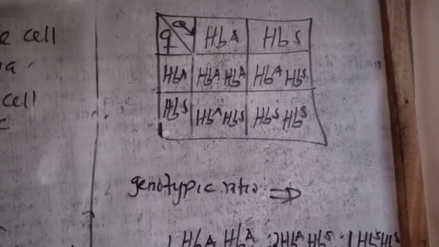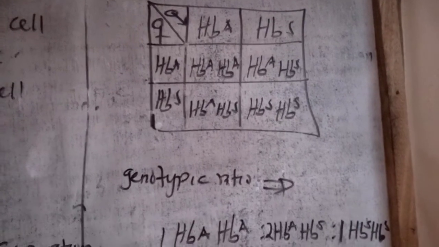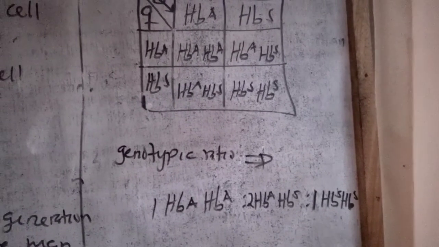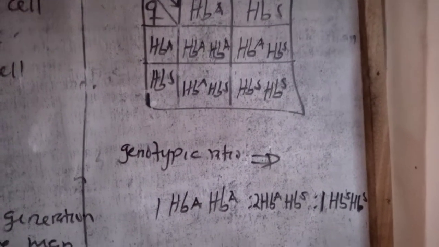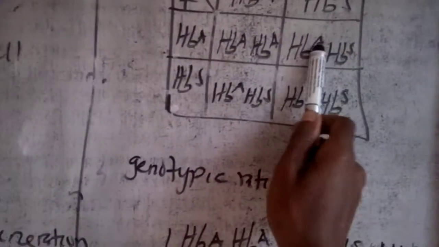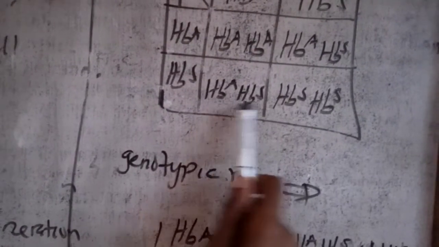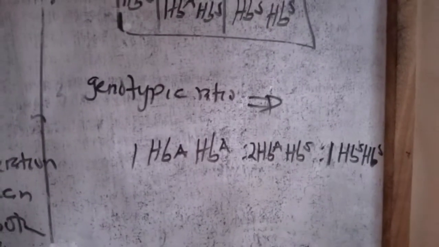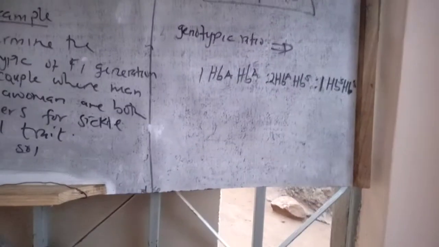After coming up with the Punnett square, we have arrived at the genotypic ratio being 1 HbA HbA, and the carriers are supposed to be 2. What about the sickle cell anemic child? It is only 1, and therefore the ratio is 1:2:1.